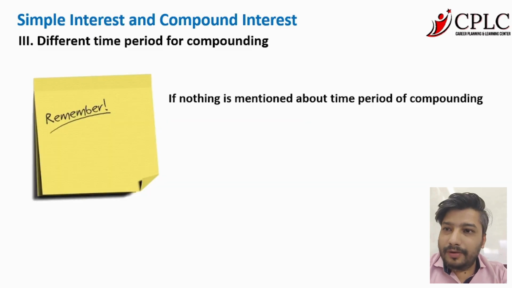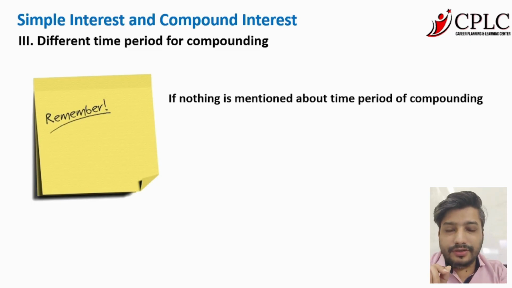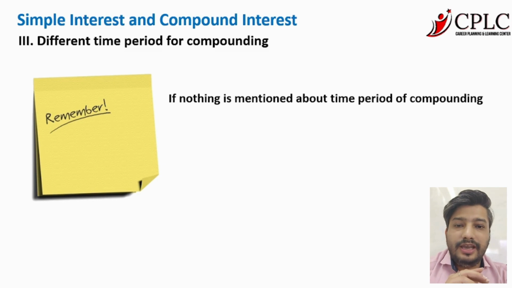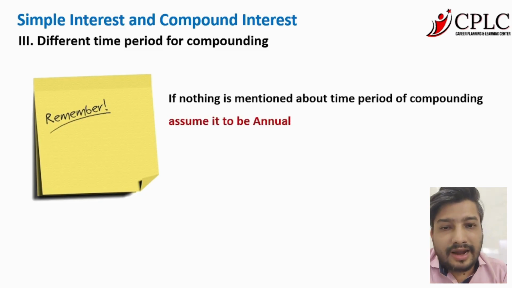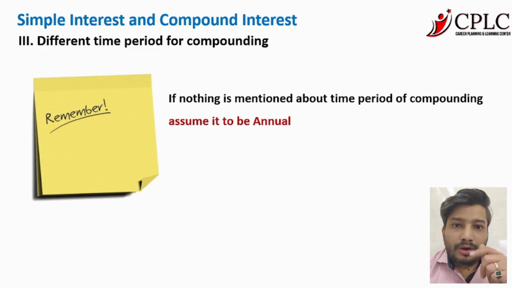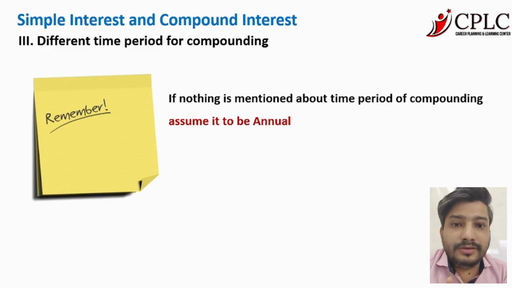Now a couple of pointers which will help us in solving word problems. The first is, if nothing is mentioned about the time period of compounding, everybody has to assume it to be annual compounding. Why? Because if people start assuming different things, everybody will have different answers. So to avoid that, the general thumb rule is you assume it annual if nothing is mentioned.